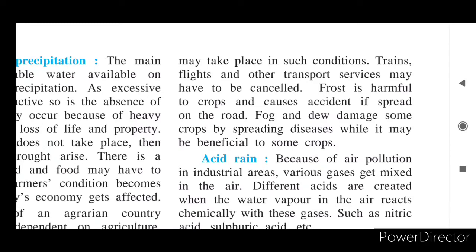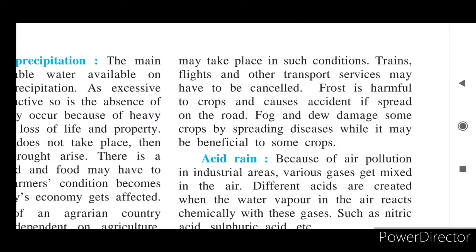Frost is harmful to crops and causes accidents if spread on the road. So here it is saying that frost is also harmful for the crops, because if that frost stays on the crops for a long time, then the crops will not survive; it will damage the crops.